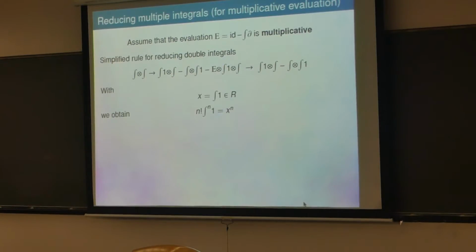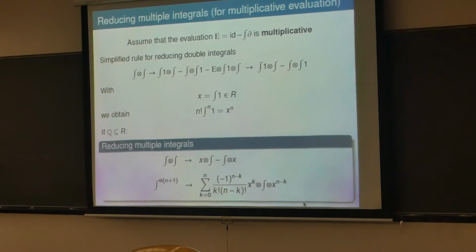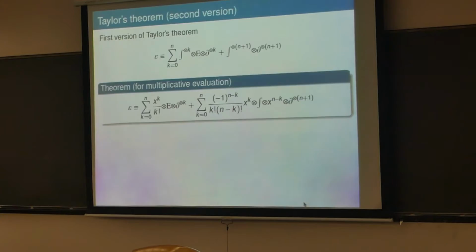If I denote by x the integral of 1 in our algebra, then I get with this identity that n factorial times the iterated integral is x to the n. And then I have the reduction rule, the multiple integral reduces to a sum like this.